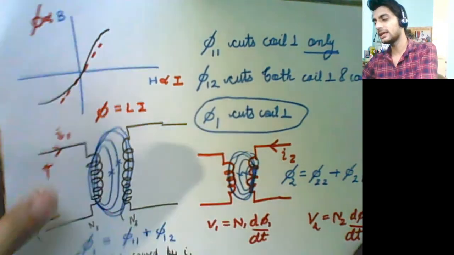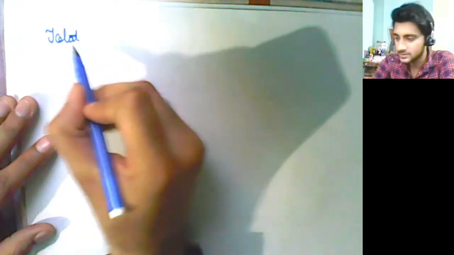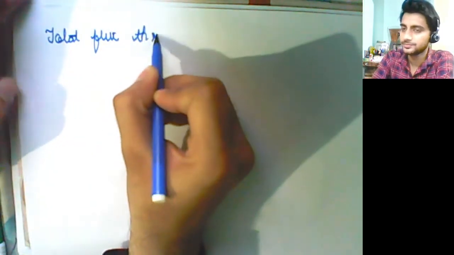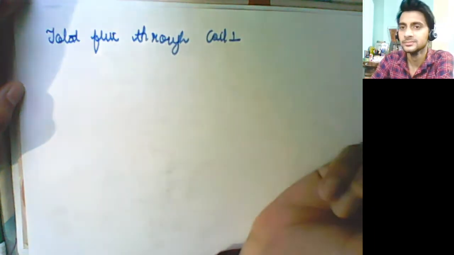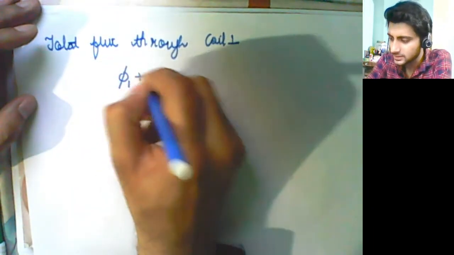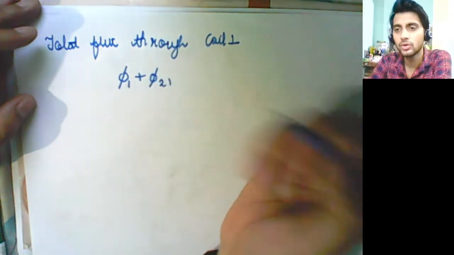So we can say that the total flux that passes through coil 1 because of all currents, the total flux that will pass through coil 1, will actually be phi 1 plus some portion introduced by source 2 or I2.